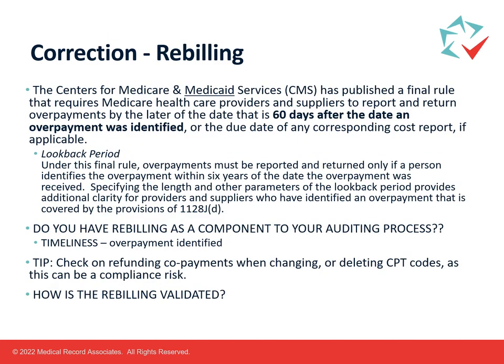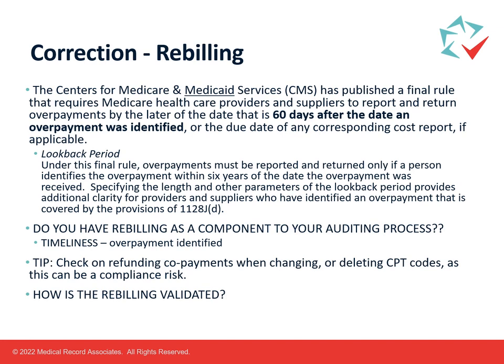So we've made a coding correction. Maybe it changed the DRG to a lower weighted DRG. We want to course correct the coding on that encounter, but we want the billing to be corrected and it to go to the payer. Medicare requires that we have submitted this overpayment back within 60 days after the date the overpayment was identified.